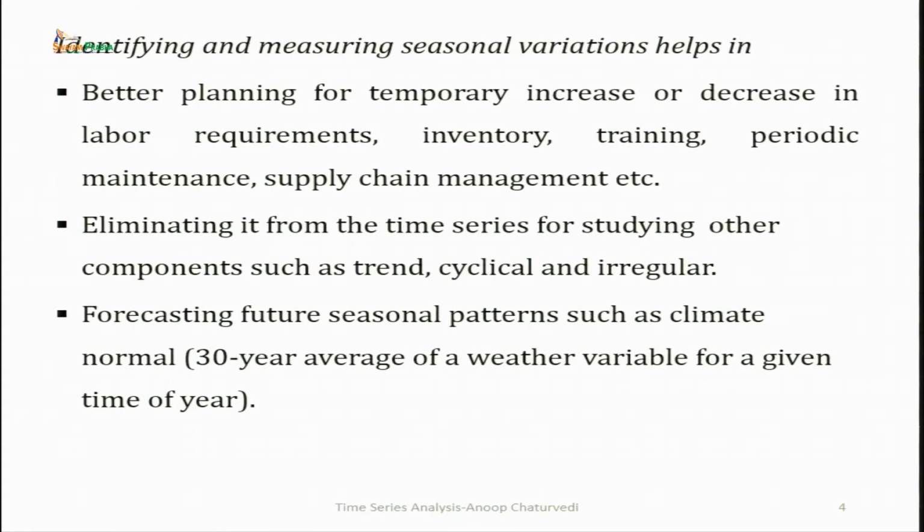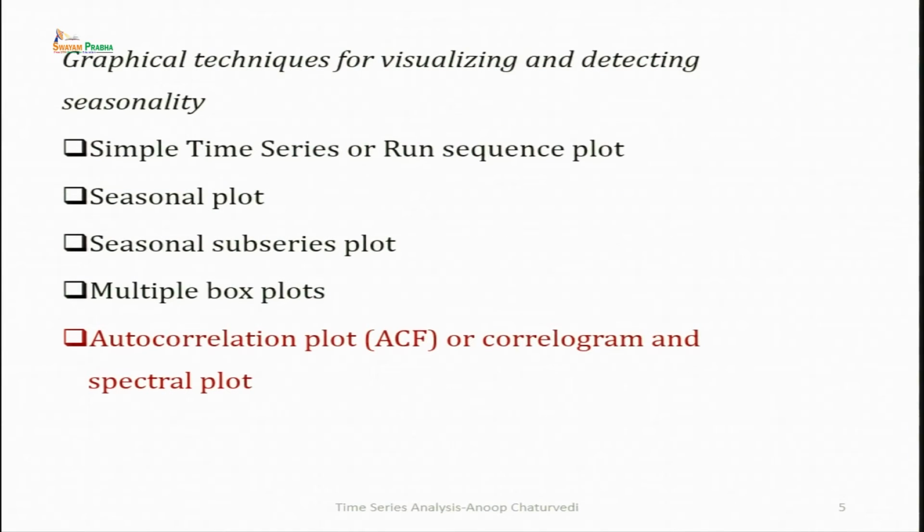That weather variable may be the temperature or rainfall, etc. So, this also has seasonal variation, and if you are taking care of the seasonal variations, then you can better forecast the future seasonal patterns. Now, first we consider different graphical techniques for visualizing and detecting seasonality.